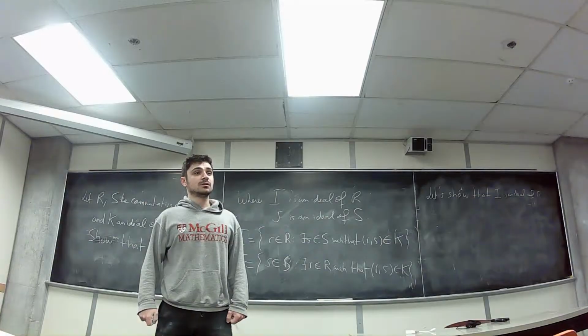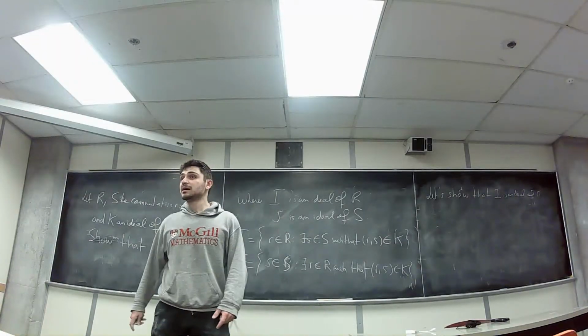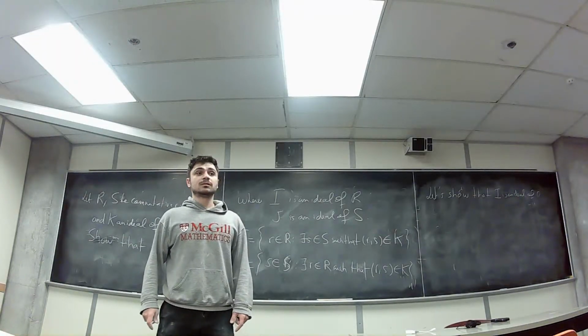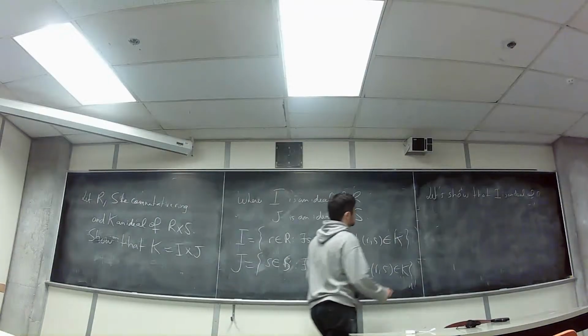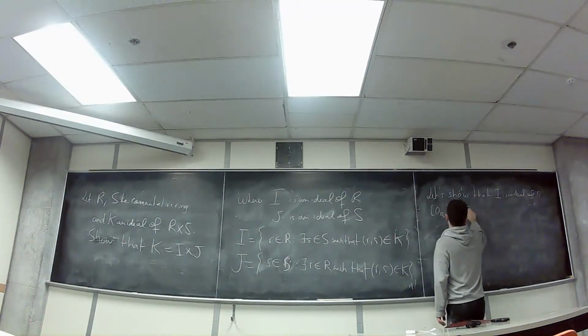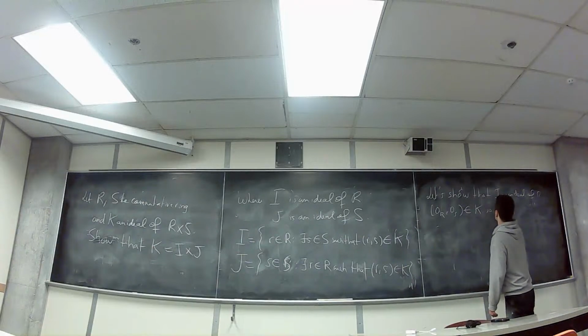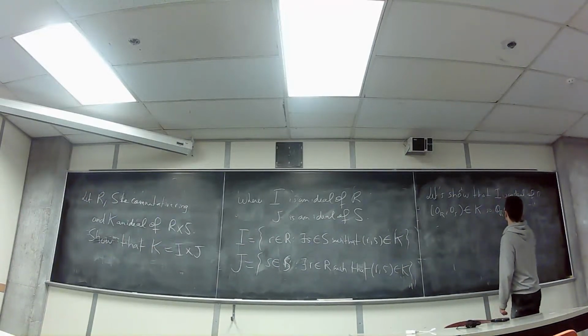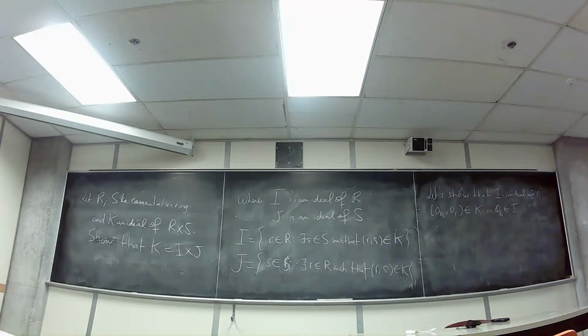Yes, 0, because 0 R, 0 S has to be in K. So 0 R belongs to I, because K is an ideal. So far, so good. Any question?